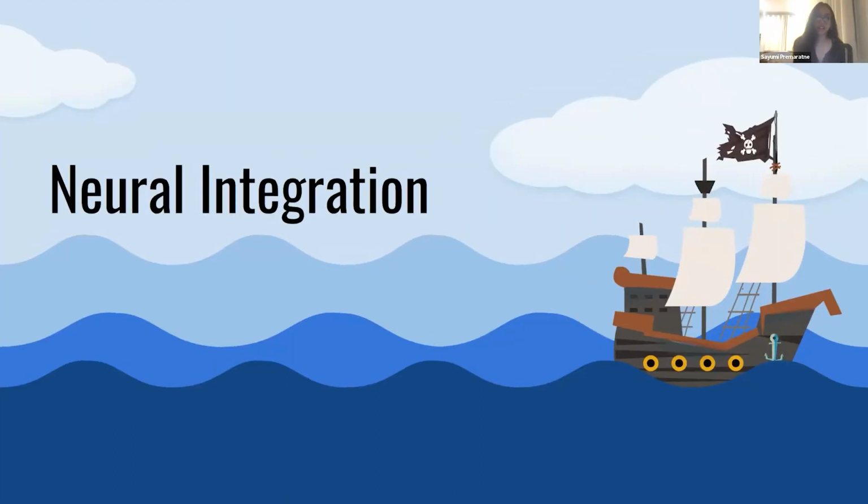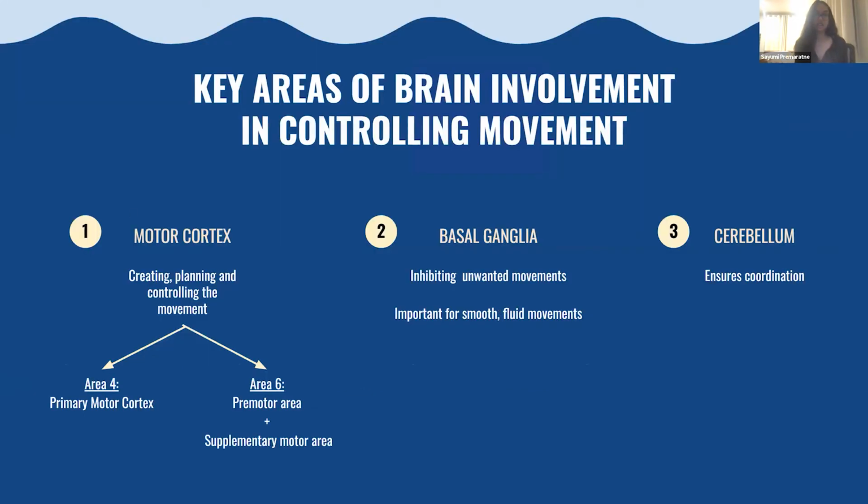Okay, so I'll talk a bit about neural integration now. So neural integration is pretty much all about how different areas of our brain control movement. So there's three main parts that are discussed in your lecture. There's the motor cortex, the basal ganglia, and the cerebellum, and they all have three different roles that they play in controlling movement.